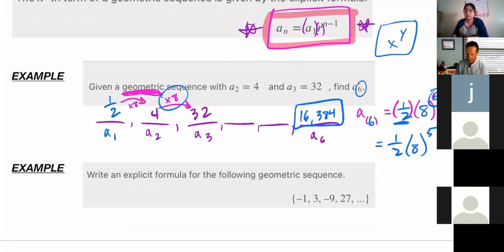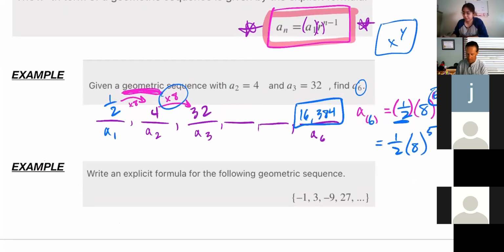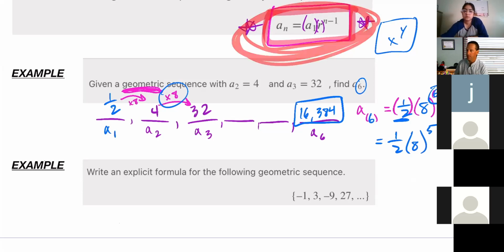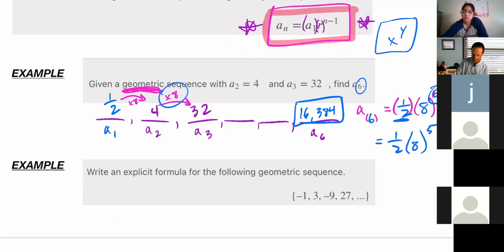All right, so let's see if you guys can put it all together. Let's see if you can go the other direction. Let me give you a geometric sequence or list of numbers, and can you give me the formula? What's the nice thing about this formula? What are the only 2 things you need to know in it? A1 and R. Yep, that's it.